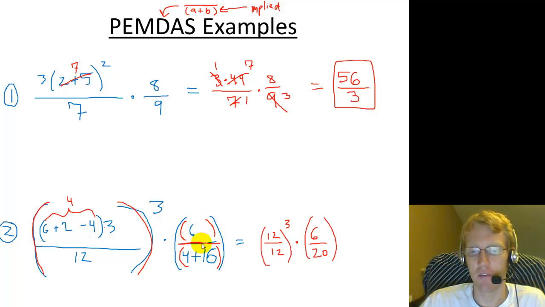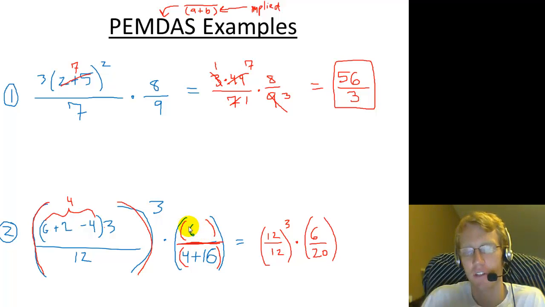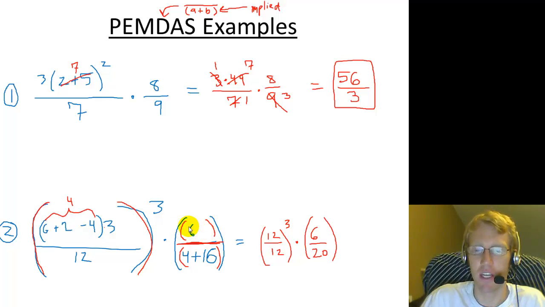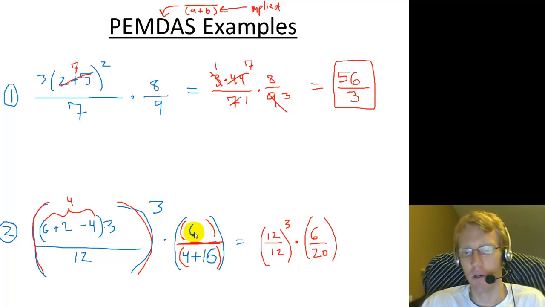So when you have a fraction bar like this, everything in the top has to be combined together first, everything in the bottom has to be combined together second, because you might ask yourself, is this 6 being divided by the 4, or is it being divided by the 16, or is it being divided by both? In the way it's drawn, it's clearly being divided by both. So you first combine the 4 and the 16, even though it's addition, because there's these little parentheses here, even though we don't draw them.